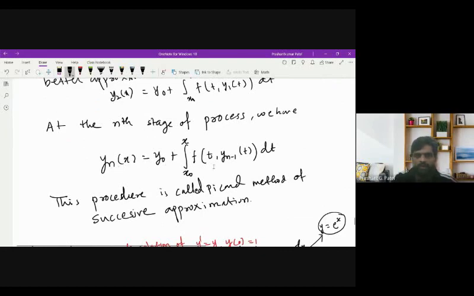Yn is equal to y0. Instead of n, we can substitute that.